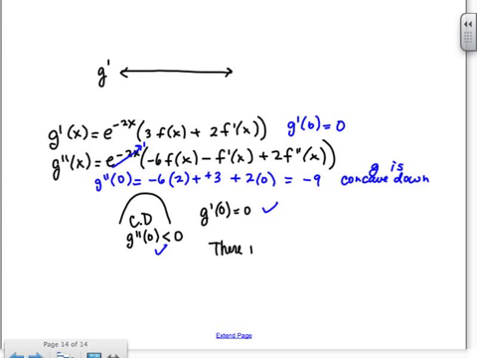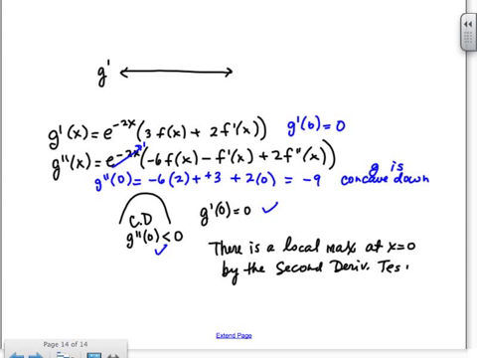So I'm going to say there is a local max at x equals 0 by the second derivative test. And that's it.